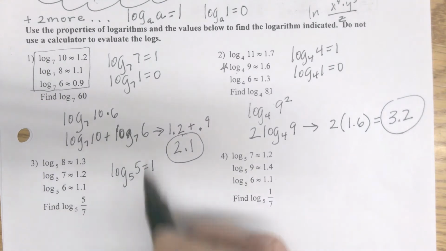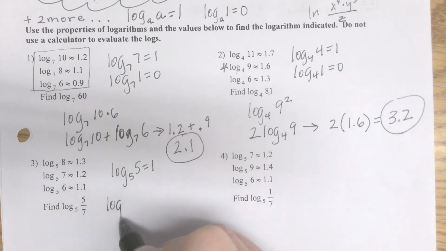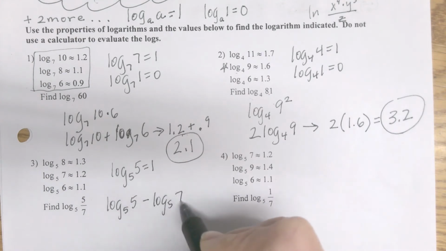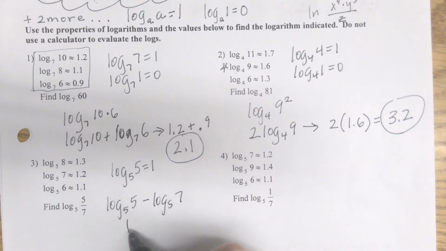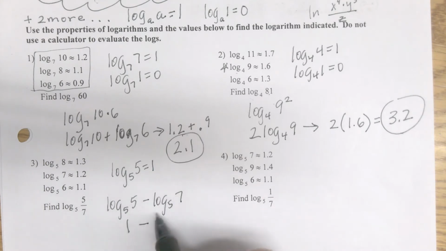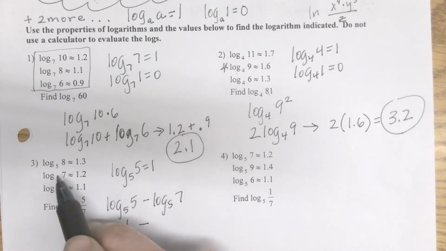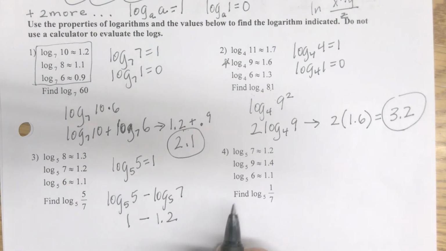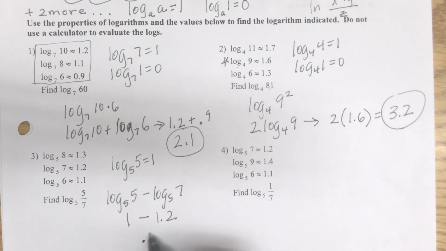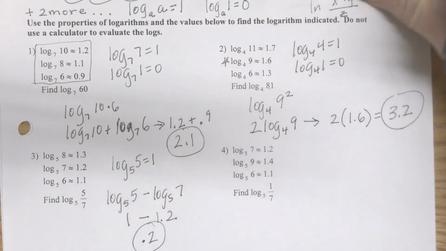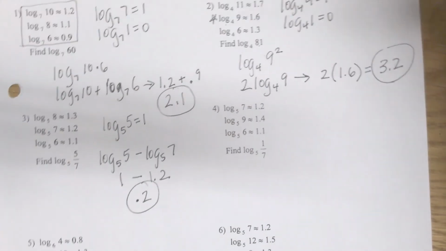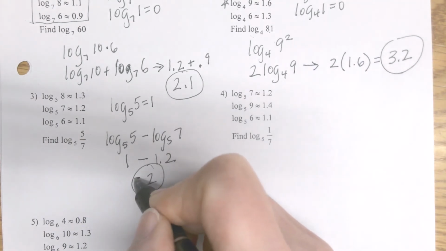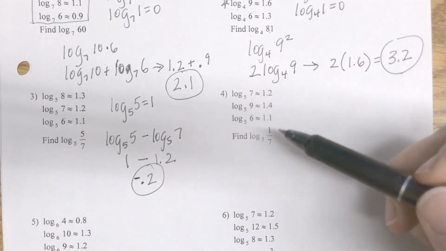So when I set this up, I can write this as the log base 5 of 5 minus the log base 5 of 7. Well, the log base 5 of 5 is 1. The log base 5 of 7 is 1.2. Then I do my subtraction. 1 minus 1.2 is 0.2. And again, that's my final answer. Oops, and it's negative. Almost messed that one up. Sorry about that.